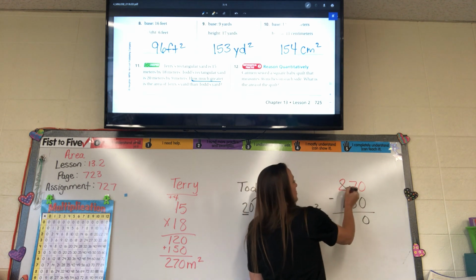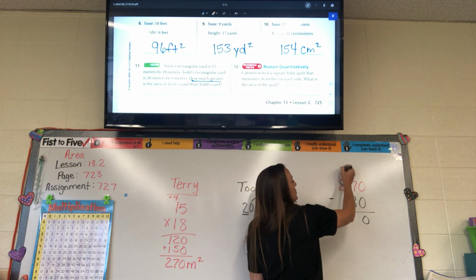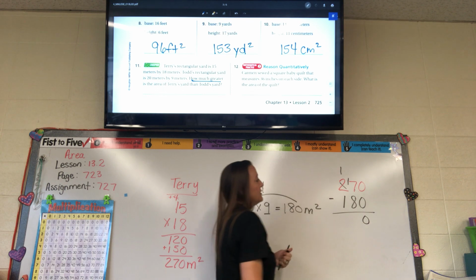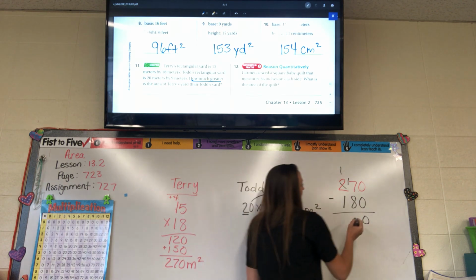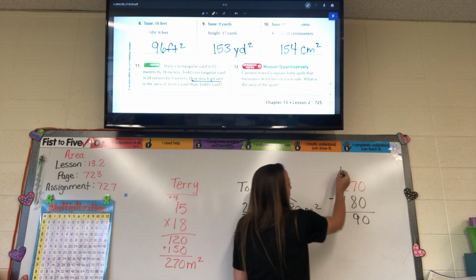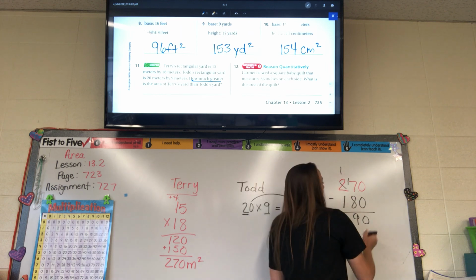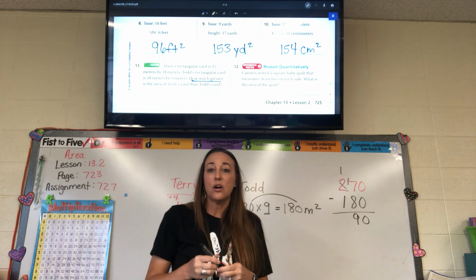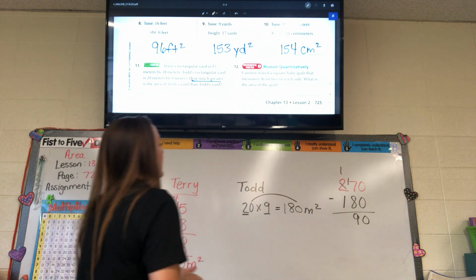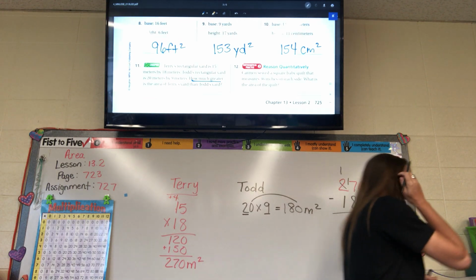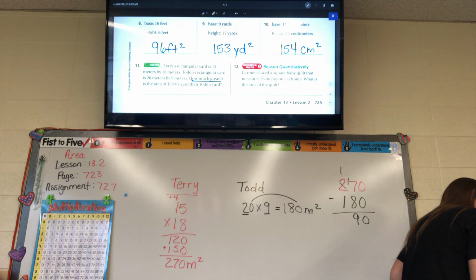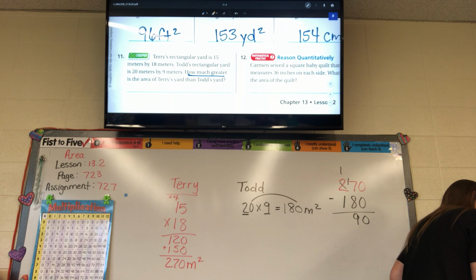So we have to go next door to the 2, make that 2 into a 1, and stick a 1 in front of our 7, making it 17. 17 minus 8 is 9, and 1 minus 1 is nothing. So the difference in Terry's yard and Todd's yard is 90 meters squared. So, how much greater is Terry's yard than Todd's yard? 90 meters squared.